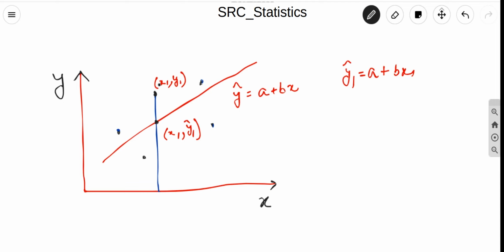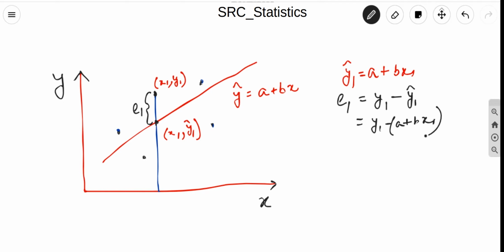Now if we draw a perpendicular from the actual value to the x-axis, the distance between the actual value and the estimated value is called the error of estimate. For this one, this is E1. So what is E1? It is the difference between the actual value of y and the estimated value of y, y1 minus y1 hat, which can also be written as y1 minus (a plus bx1), since y1 hat is a plus bx1.